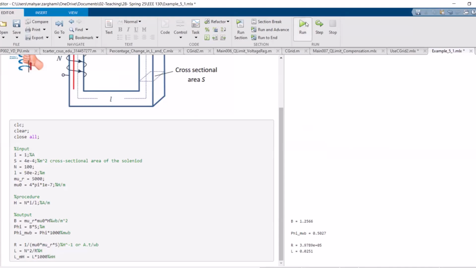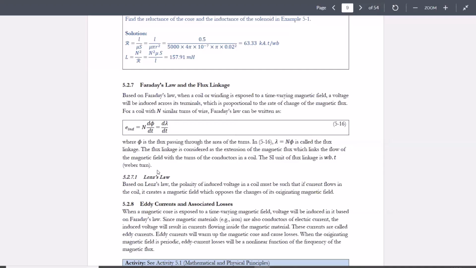The next law would be Faraday's law and its relationship with the flux linkage. Based on Faraday's law, when a coil or winding is exposed to a time-varying field, a voltage would be induced across the terminals of that coil, which would be proportional to the rate of change of the magnetic flux.